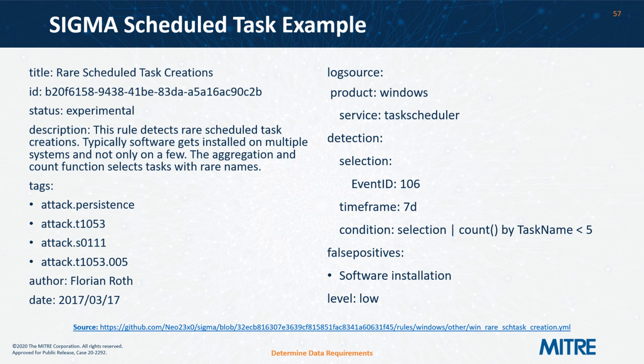In this example, the analytic is helpfully labeled with the attack tactic of persistence and the sub-technique of scheduled task. It will leverage the Windows Task Scheduler application log, event 106, and find task names that occur fewer than 5 times in a 7-day period. The analytic notes that some software installations might cause false alarms.